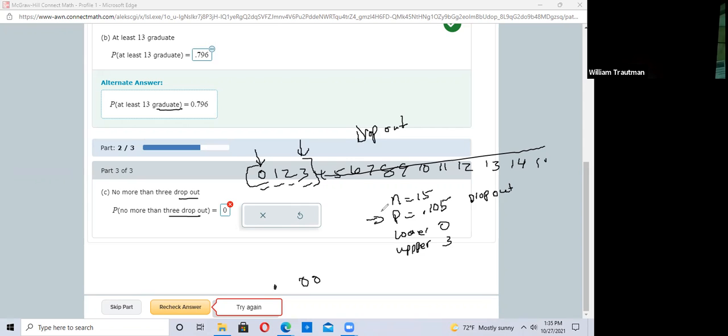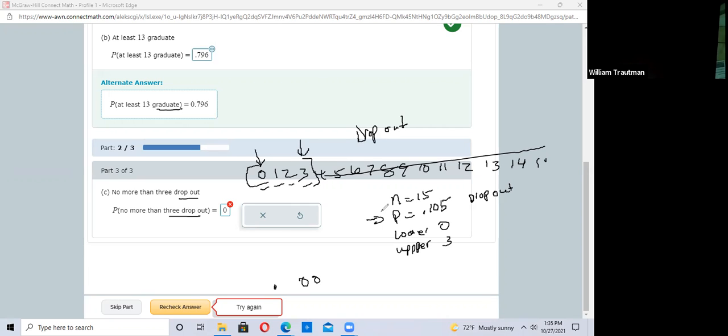So let's put it in with these numbers. Menu 55B, and I got n is 15. Probability is 0.105. Lower boundary is 0. Upper boundary is 3.